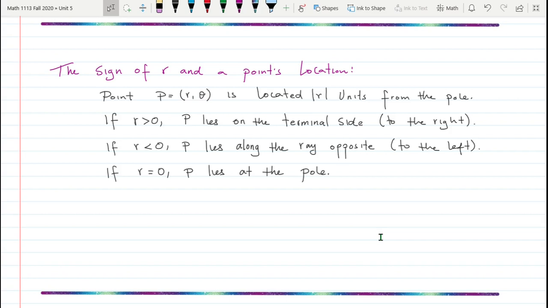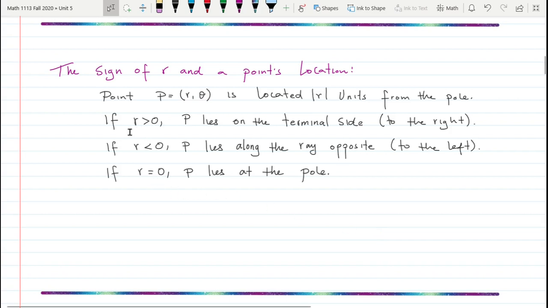We put it in absolute value bars because the distance away from 0 can be seen as an absolute value. You're 5 units away to the left, 5 units away to the right. You're still 5 units away, and we add the negative just to tell us which direction. But for now, we're just thinking of it as an absolute value distance.